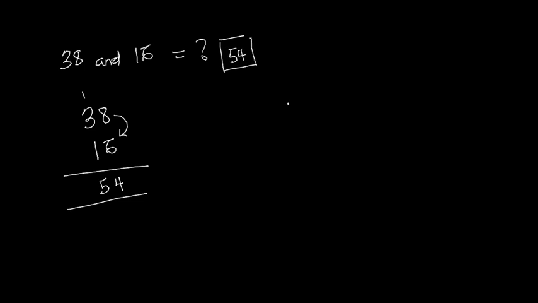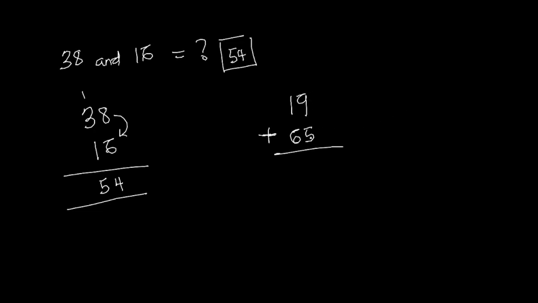So let's have a look at another example. Say we have 19 plus 65. What is our answer? So 19 plus 65. We add digit by digit from right to left.